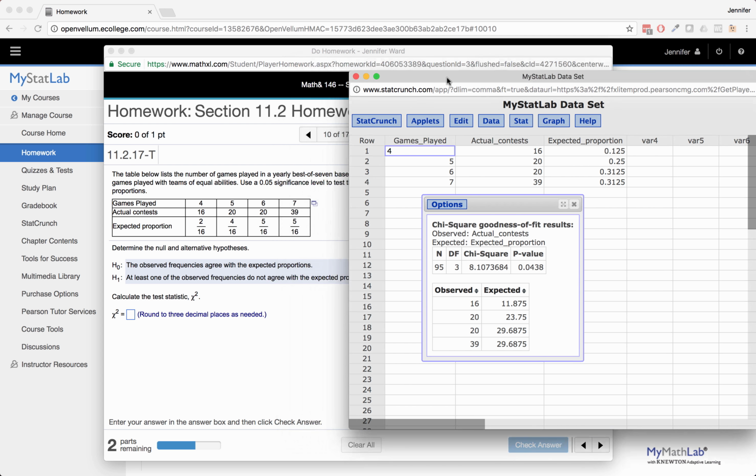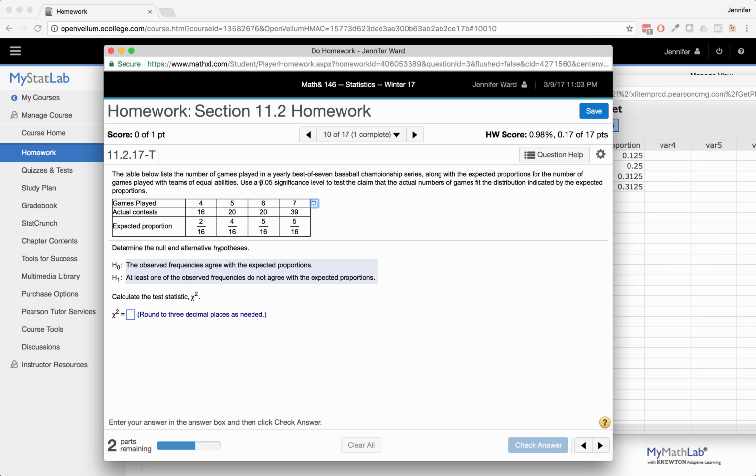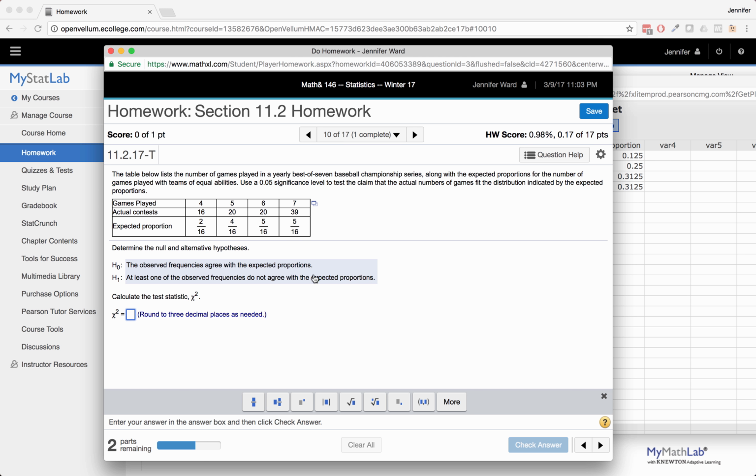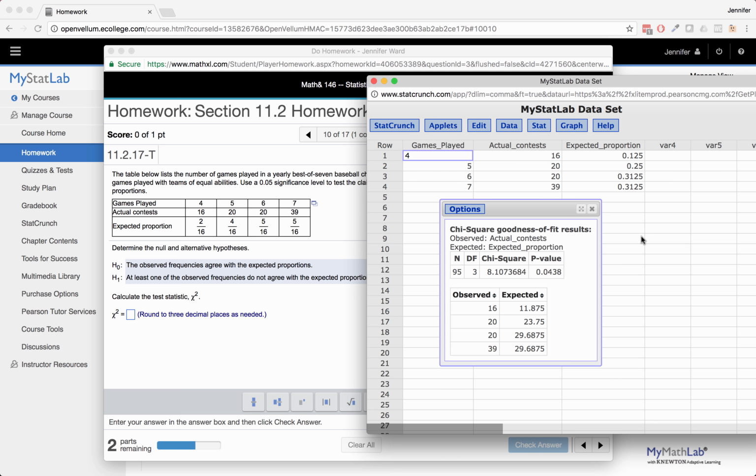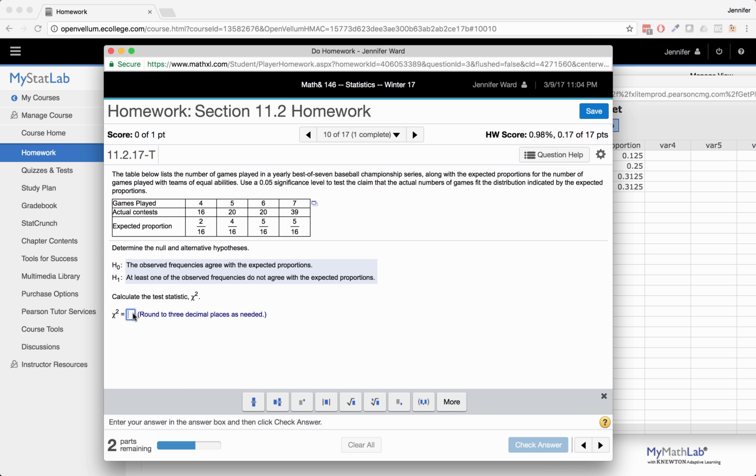So if we go back to this problem here, it said use a 5% significance level to test the claim that the actual number of games fits the distribution indicated by the expected proportions. So if I go back and fill in my chi-square value, that was 3 decimal places, 8.107.